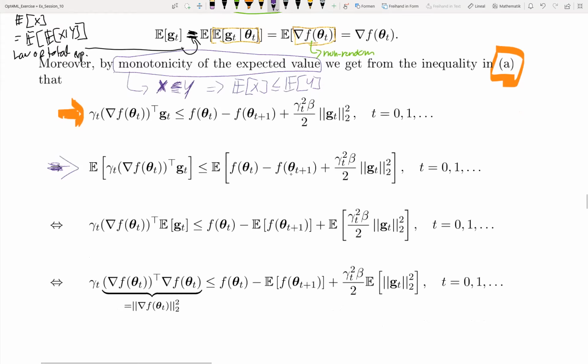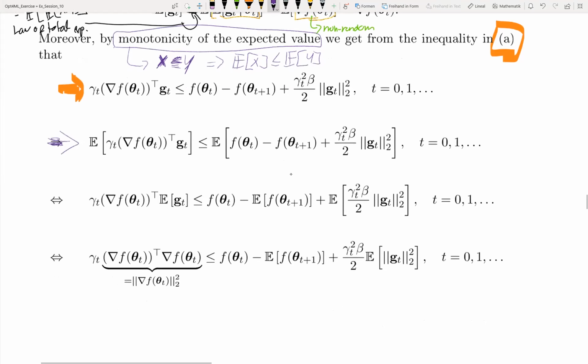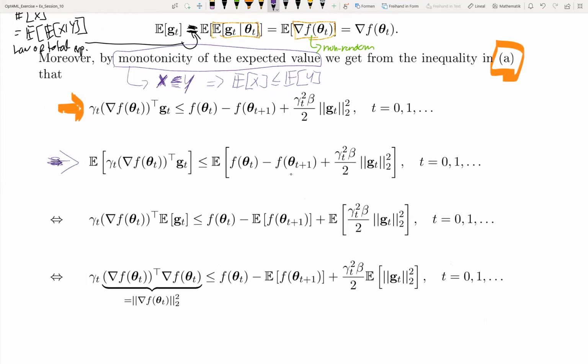Okay, and now we only have to rearrange things, see what is random, what is known, what can be computed. First of all, starting with this, gamma t is a constant. We can write it in front of the inner product of the expected value, doesn't matter. The same is here for the expected value of the inner product.